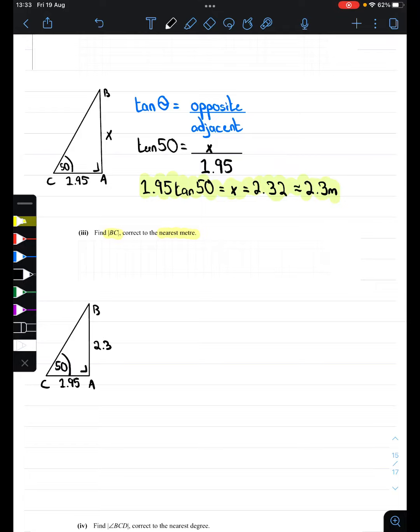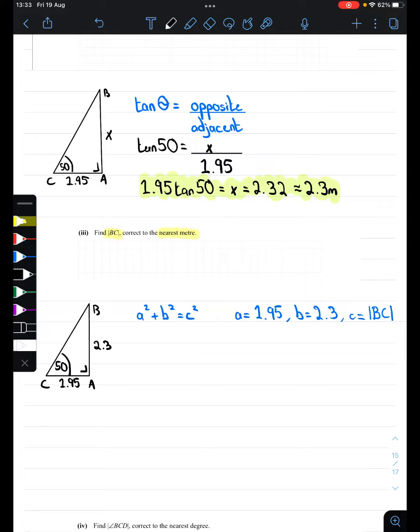We're dealing with a right angle triangle, so again we can just use Pythagoras' theorem, a squared plus b squared equals c squared, which you should always write down when you're working with a right angle triangle, even though it might not always be what you want to use. But so now we can just let a equal 1.95, the length of AC, b equal 2.3, the length of AB, and c is the length BC, the hypotenuse.